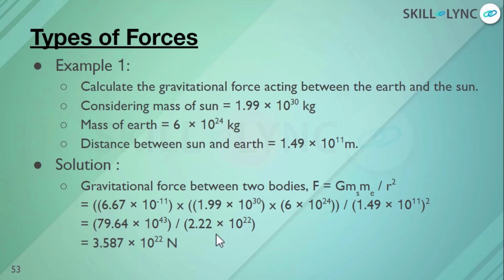And thus, the force acting between the Sun and the Earth is equal to 3.587 into 10 power 22 newtons. Thus, the gravitational force acting between the two bodies, Sun and Earth, is 3.587 into 10 power 22 Newton. This is also the answer to this question. Here we close our session 3.